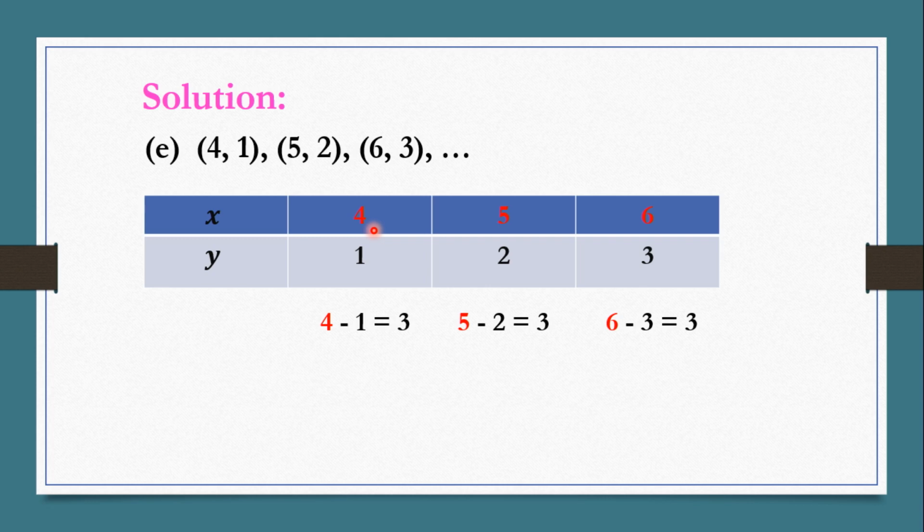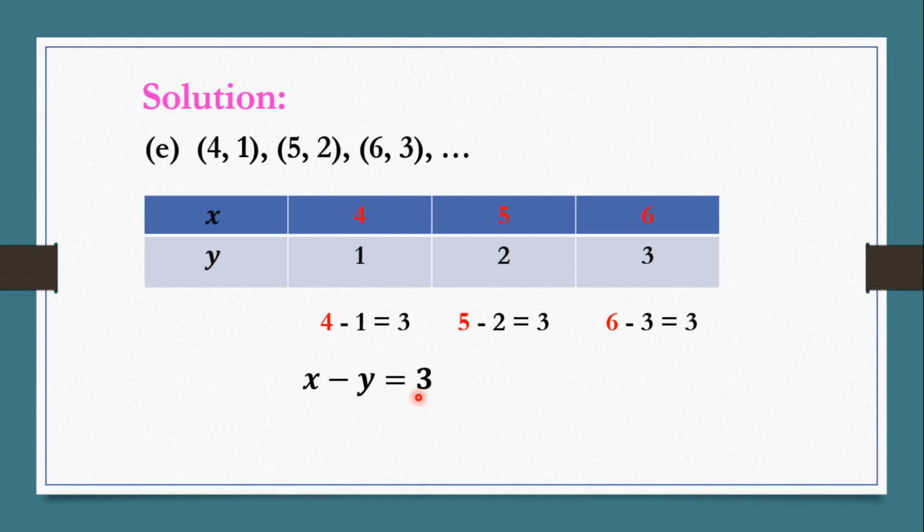So how am I going to write y in terms of x here? You can see that the x value minus the y value is giving me 3. So x minus y equals 3.